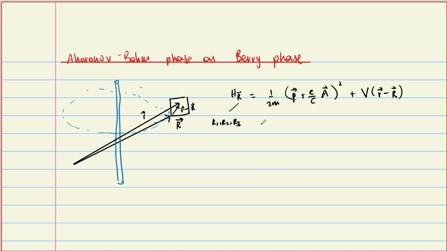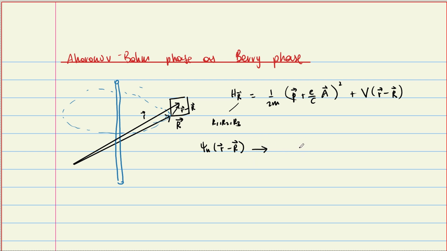So, we now know how to deal with this. If psi n of r minus R is a normalized eigenvector with energy epsilon n, this is with A equal to 0.